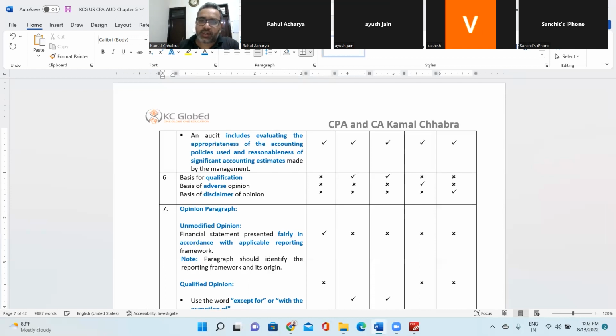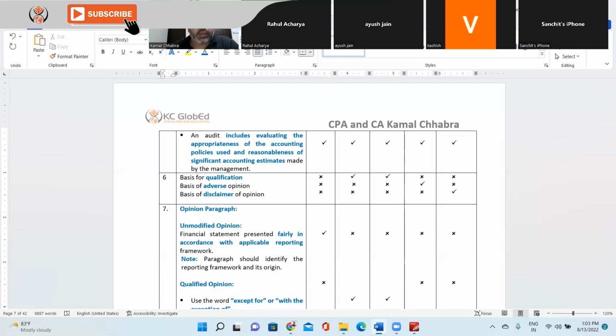So in all audit reports, if there is any qualification, adverse opinion, or disclaimer of opinion, then the basis of that will come before the opinion paragraph. In the standard report, it is not required. That is, in an unmodified report, it is not required because you do not have any qualification, adverse opinion, or disclaimer of opinion. Make sense?